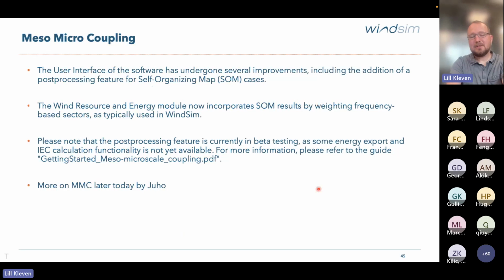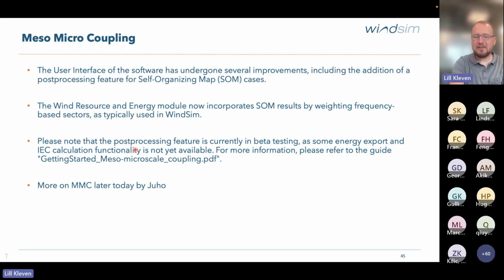Meso-micro coupling. We improved the meso-micro coupling console and GUI that we had in WindSim 11 already. So in WindSim 12, we made many improvements. The biggest thing is the addition of the post-processing feature for the self-organizing maps, and also the wind resource and energy model can now use these self-organizing map results by weighting the frequency-based sectors.